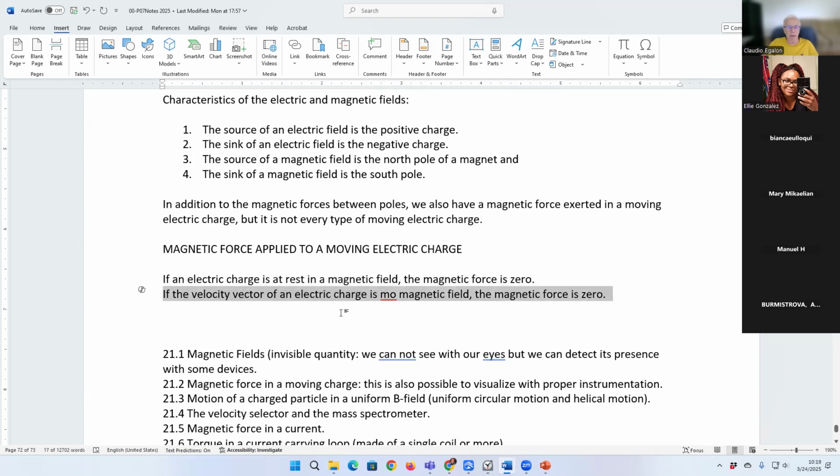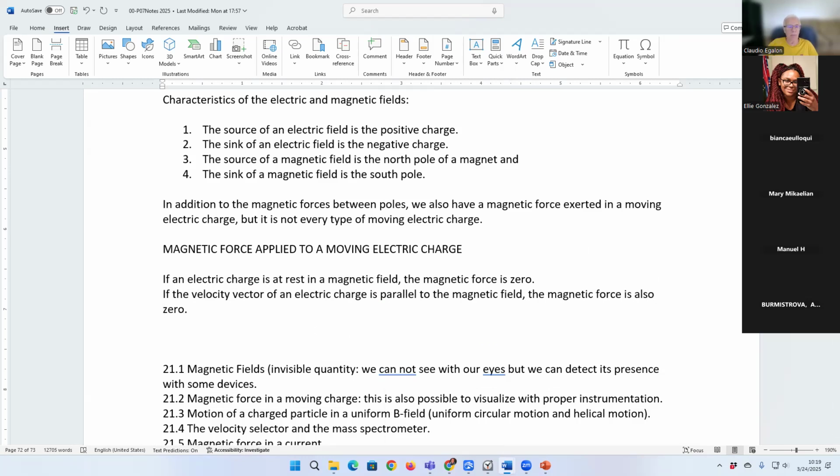If the velocity vector of an electric charge is parallel to the magnetic field, the magnetic force is also zero. And we can observe that in the lab. It's not difficult to show that.